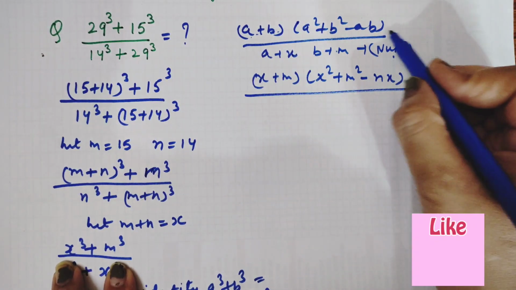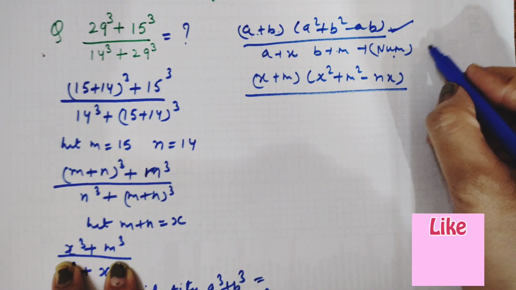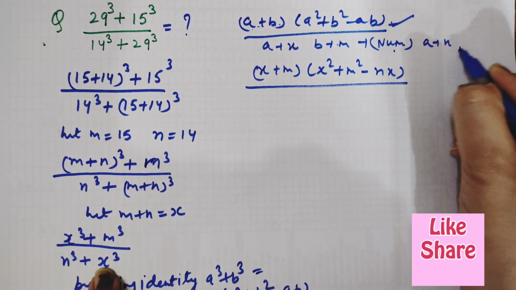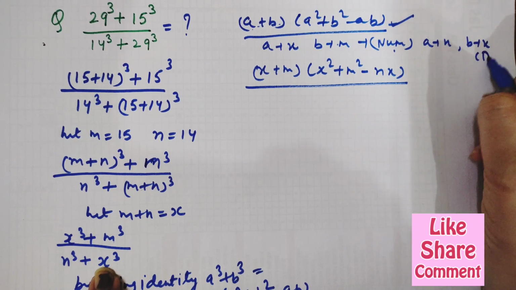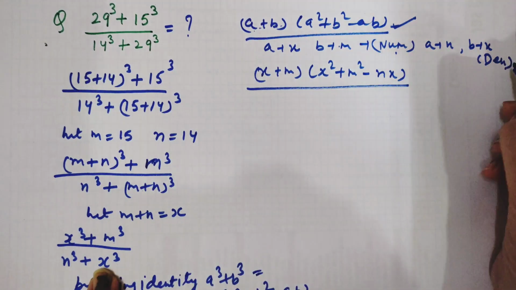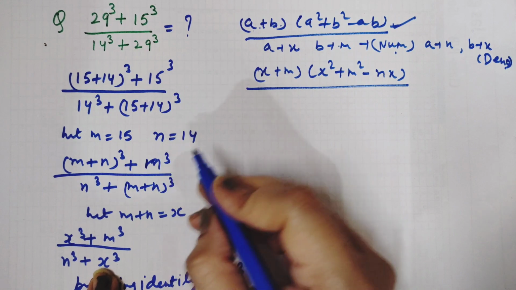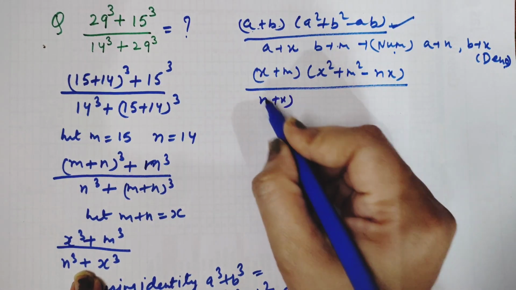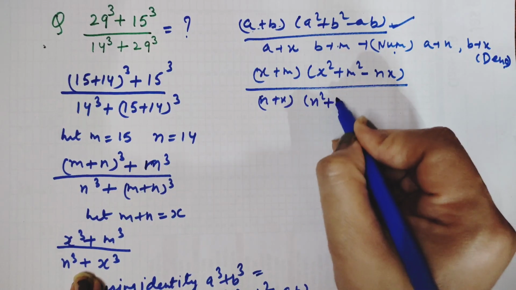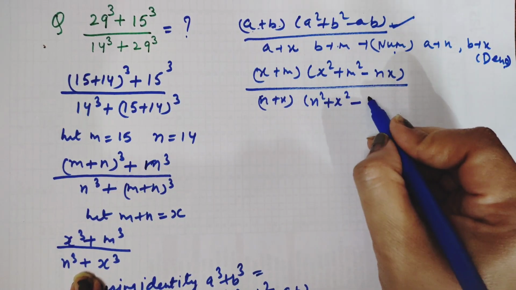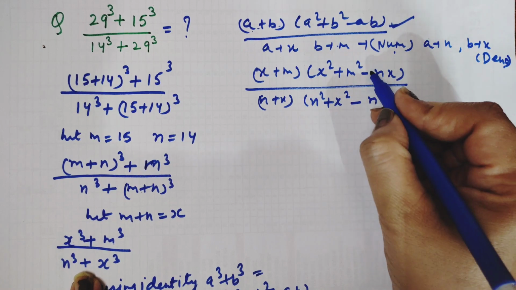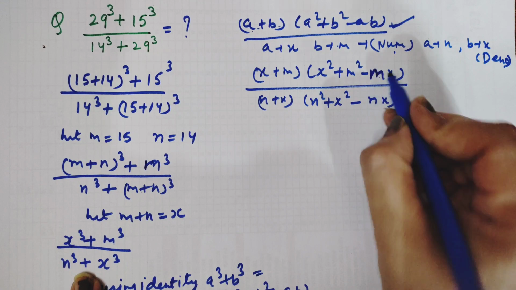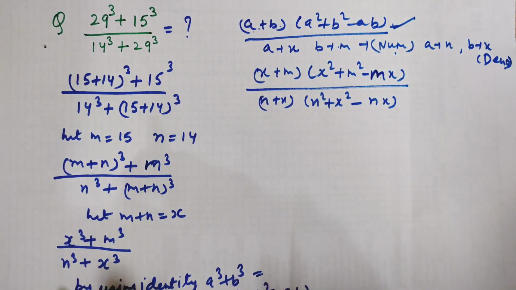Similarly in the denominator we are using this identity again. In the denominator a is n and b is x, so using this, n plus x, n square plus x square minus nx. Sorry, by mistake I wrote it wrong in the numerator; it is m and it is n.